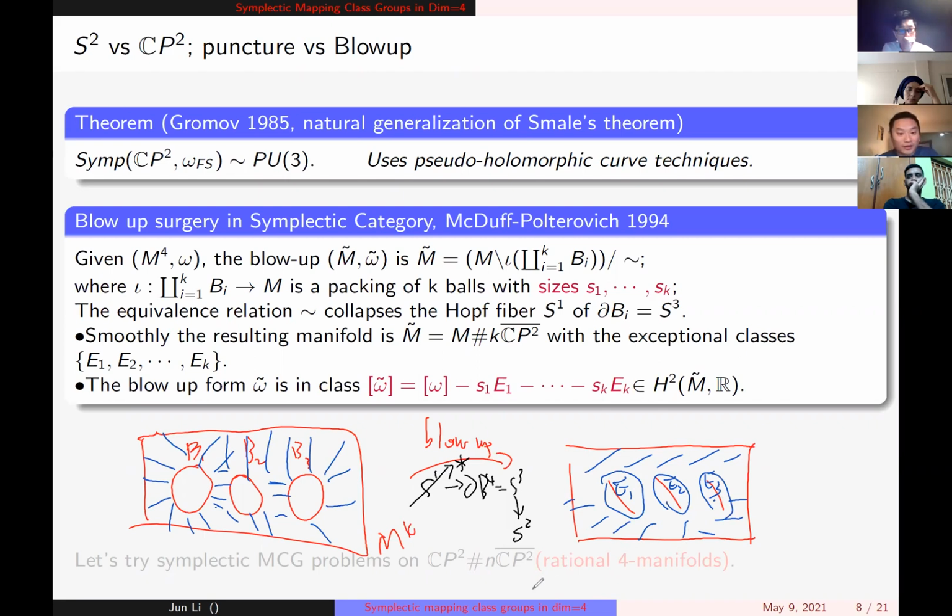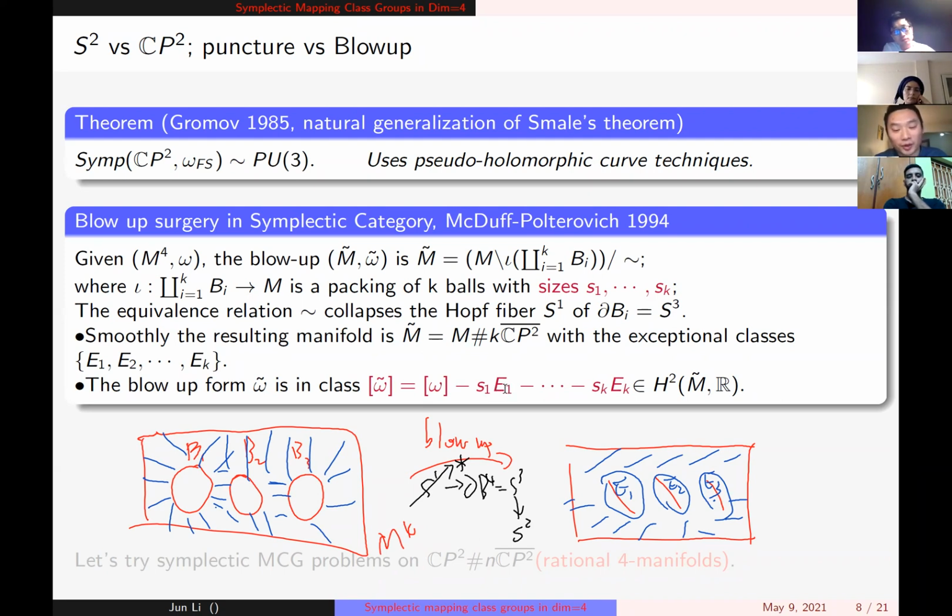Topologically, this blowup construction is like connecting the original manifold with reverse-oriented CP2s. Symplectically, we are going to have a blowup form whose cohomology class is given by such a formula: the original form minus the sizes times the Poincaré duals of the exceptional classes.